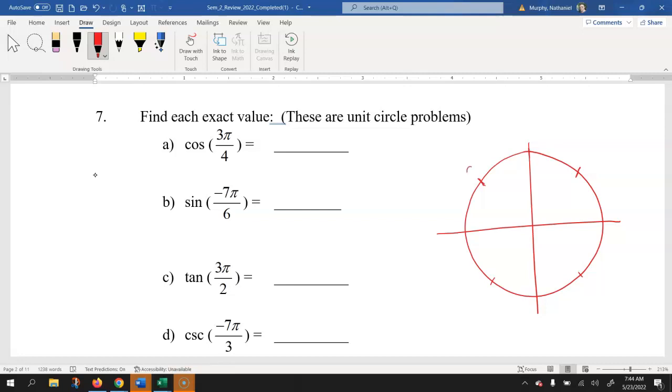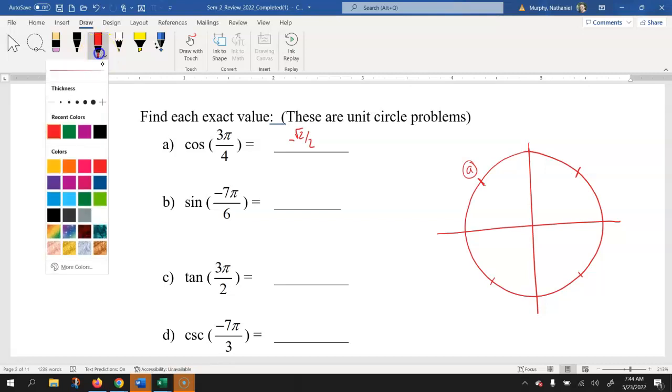So remember, at that location is where both sine and cosine are square root of 2 over 2. But remember, in quadrant 2, that's where cosine, or the x, would be negative, but the y or the sine would be positive. So since I'm trying to find the cosine of that value, we would have negative square root of 2 over 2.